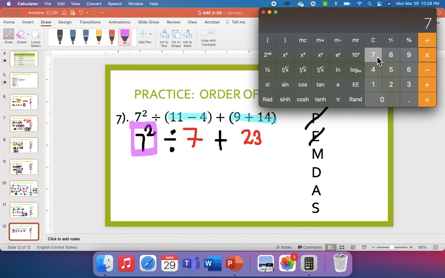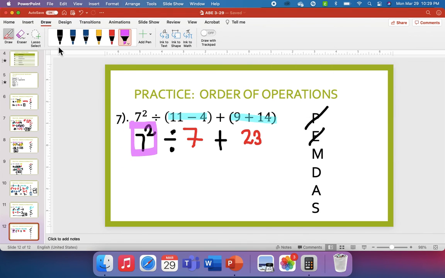You can do 7 times itself 2 times, or you can use this calculator button where you hit 7 first, which is your base, hit x to the y power, and then hit 2. Notice how that's also going to equal 49. Okay, so when I simplify 7 squared, I get 49, divide by 7 plus 23.